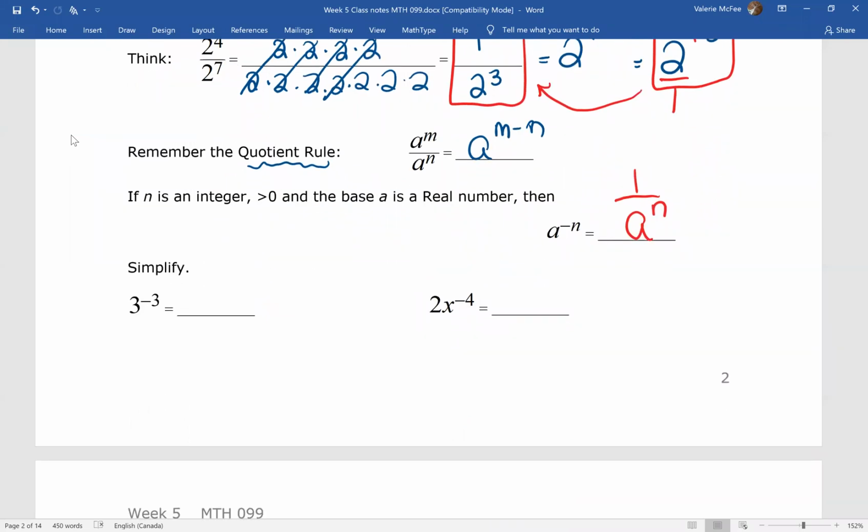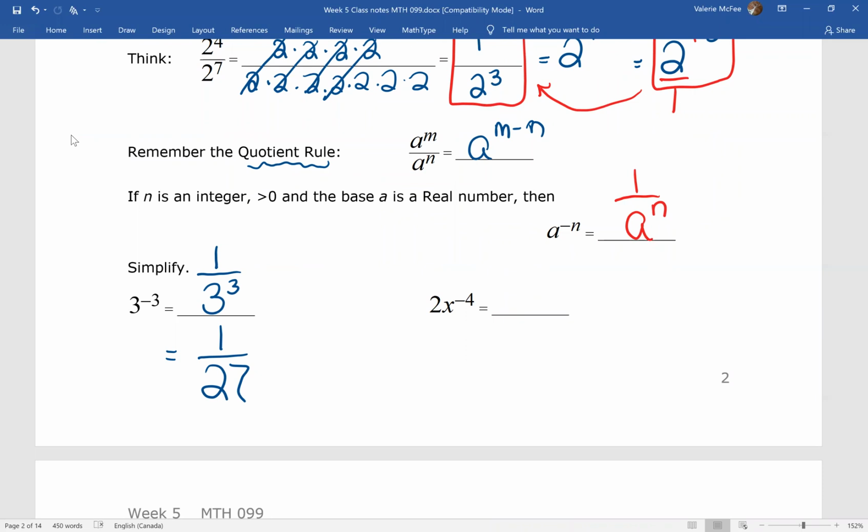So let's try using that. 3 to the power of negative 3 can be written as 1 over 3 to the power of positive 3, or 1 over 27. 3 times 3 is 9, times 3 is 27. Be careful on this second one.